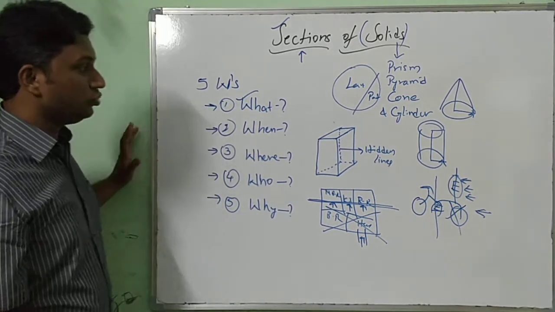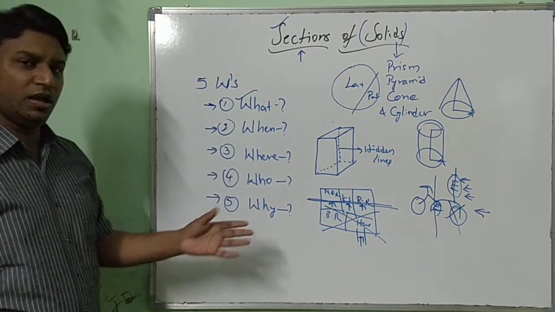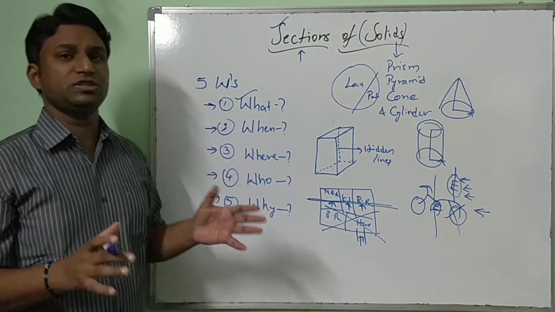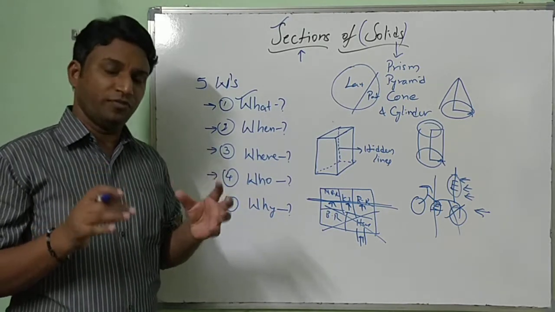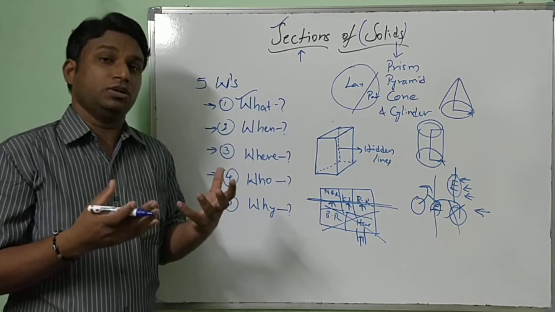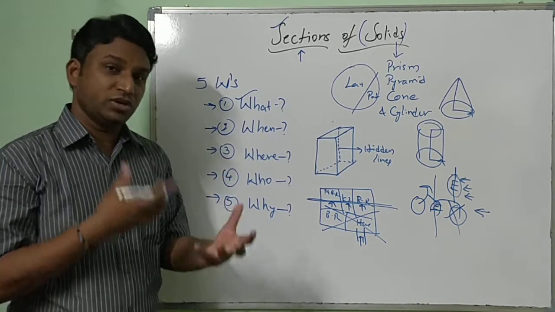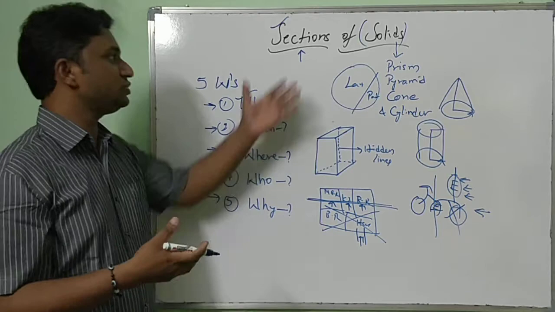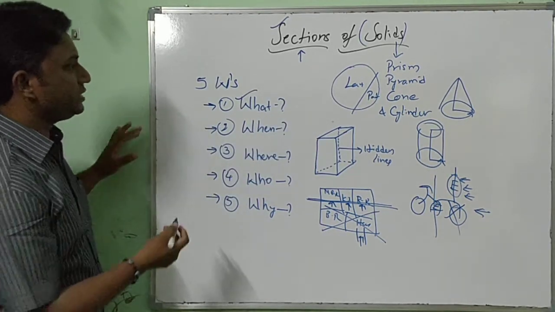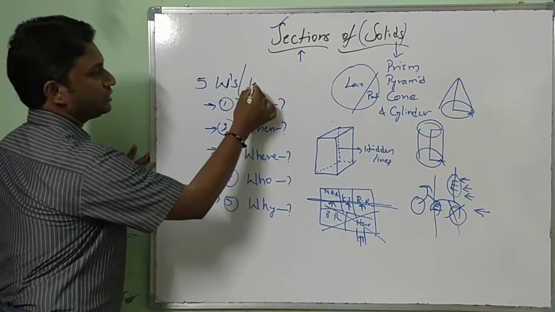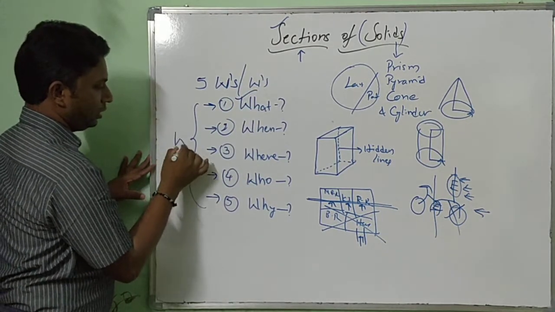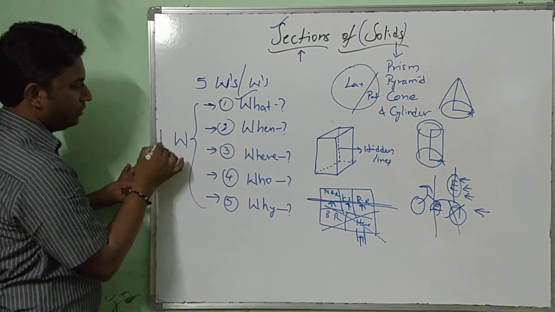Why we have to use this concept of sections of solids is when we are supposed to know more about the details which are inside any particular object. Beyond these five W's, there is one more question word which ends with W, which is how.